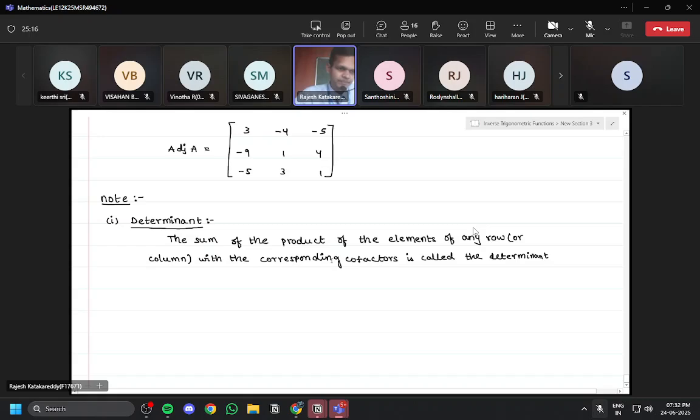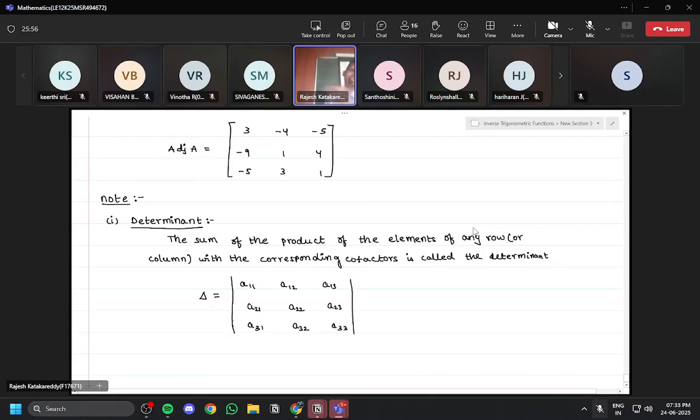Am I clear? So we can see that maybe if we are taking an order 3 matrix, so delta, A11, A12, A13, A21, A22, A23, A31, A32, A33. So this is the determinant actually.